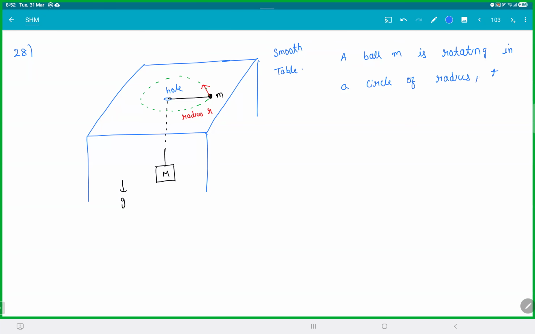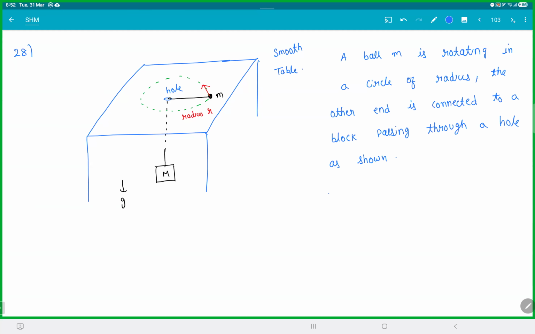The other end is connected to a block passing through a hole. Initially the capital M is at rest.